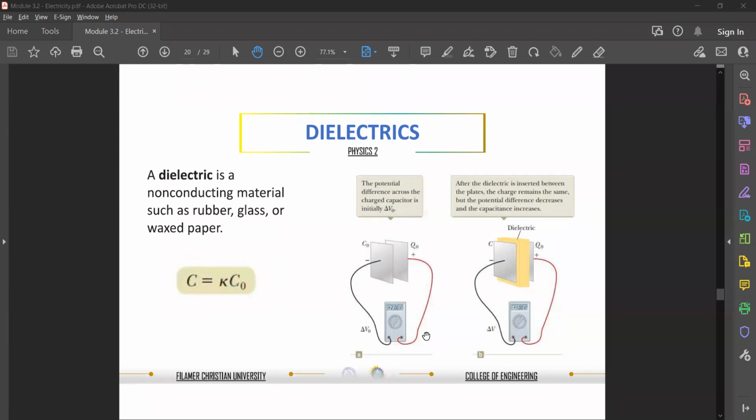And so dito sa figure natin, from figure A, the potential difference across the charged capacitor is initially this. Okay, but with the dielectric in place, the charge remains the same, but the potential difference decreases. So, anong nangyari dito? The potential difference decreases, but the capacitance increases. Okay, so this is with the use of the dielectric material.